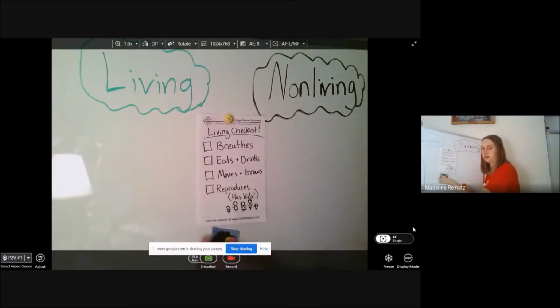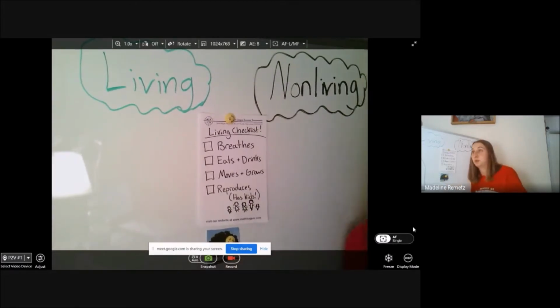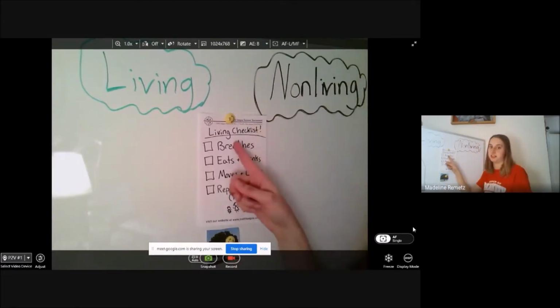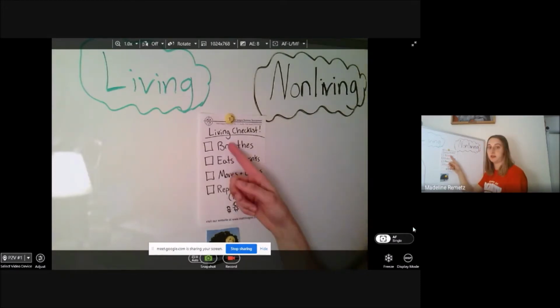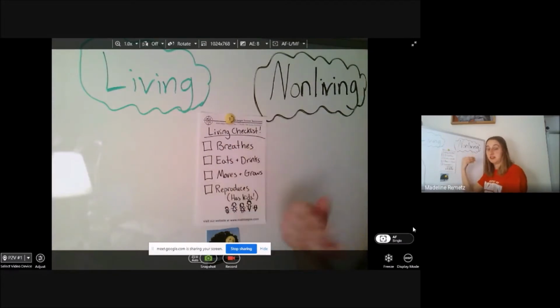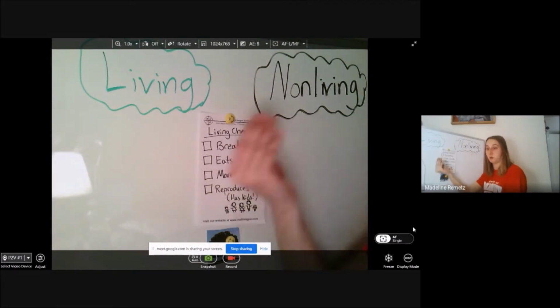We'll start in the middle. Now that you've made your prediction, let's go through our checklist. Breathing. So this is a little difficult because oxygen is what we use to breathe. But a tree actually breathes in the gases that we breathe out.